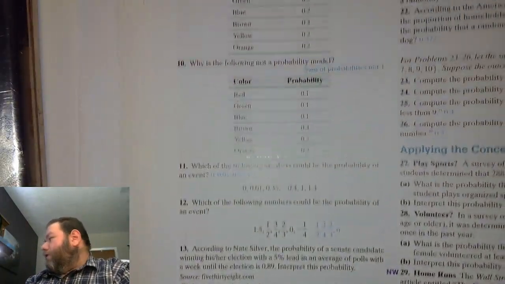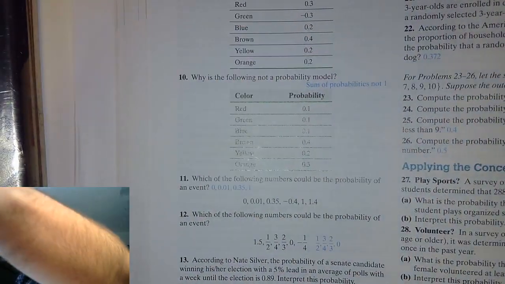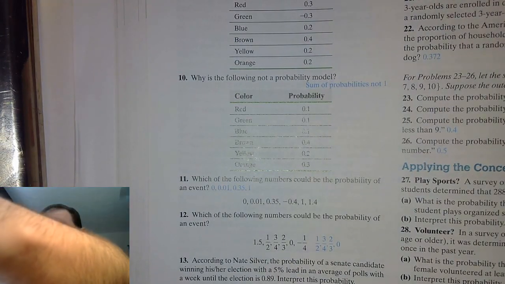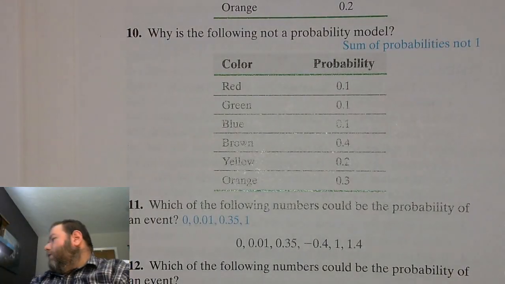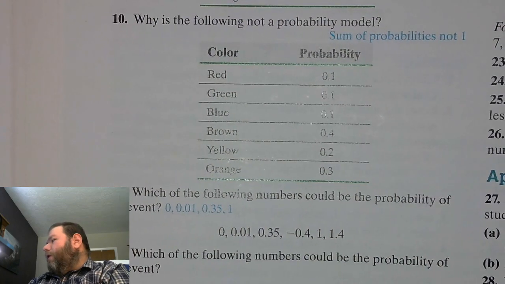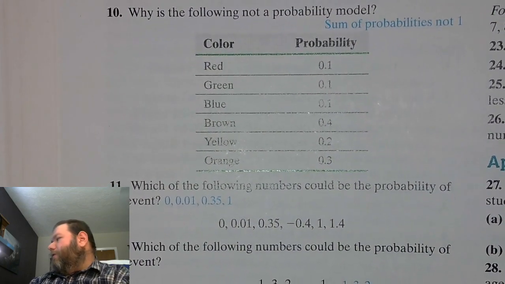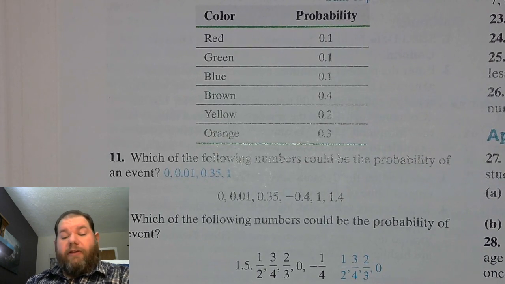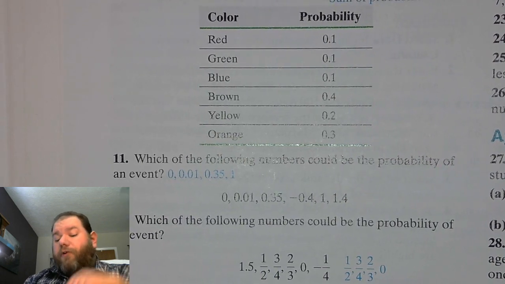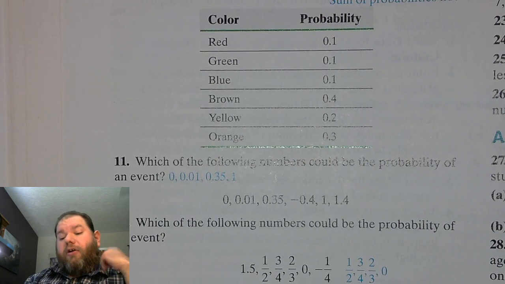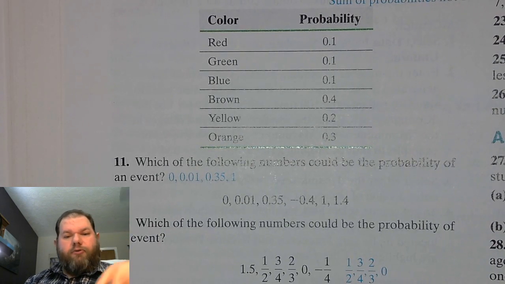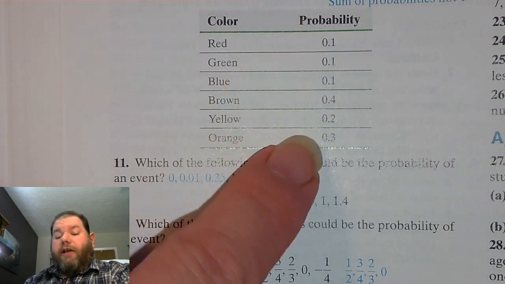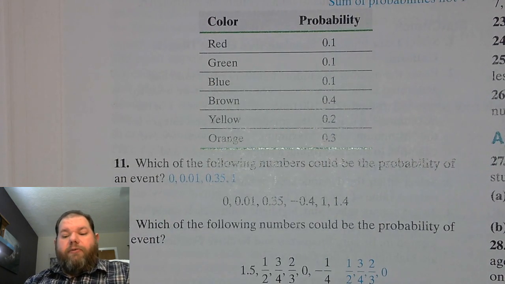All right, and then number 10 here. Let me zoom in. Why is this not a probability model? Well, I kind of gave it away there because you can see the answer in my book. The first thing we look at is, again, are all the numbers between 0 and 1? And the answer is yes, here all of the numbers are between 0 and 1.